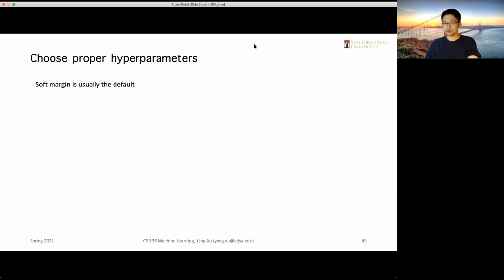All right. So lastly, let's talk about the hyperparameters. There are a lot of options that we can choose from. For example, the C, when we use the soft margin, ranges over discrete values from extremely small values to extremely large values.